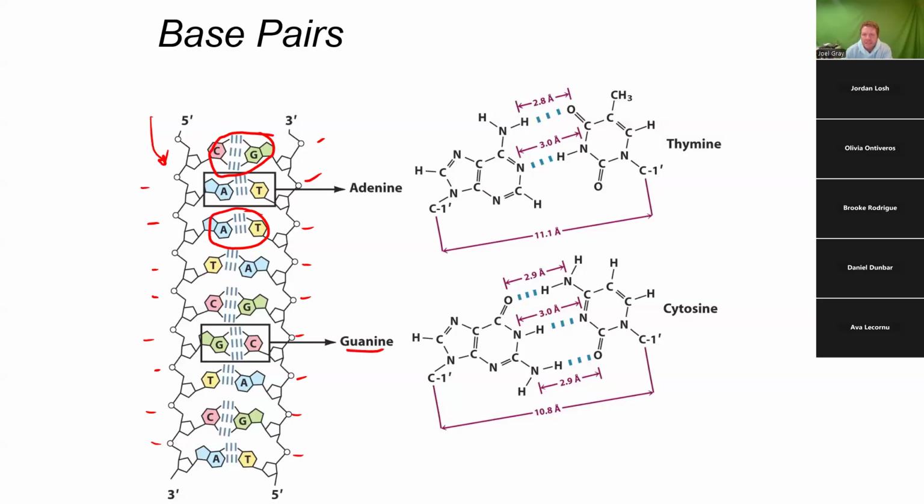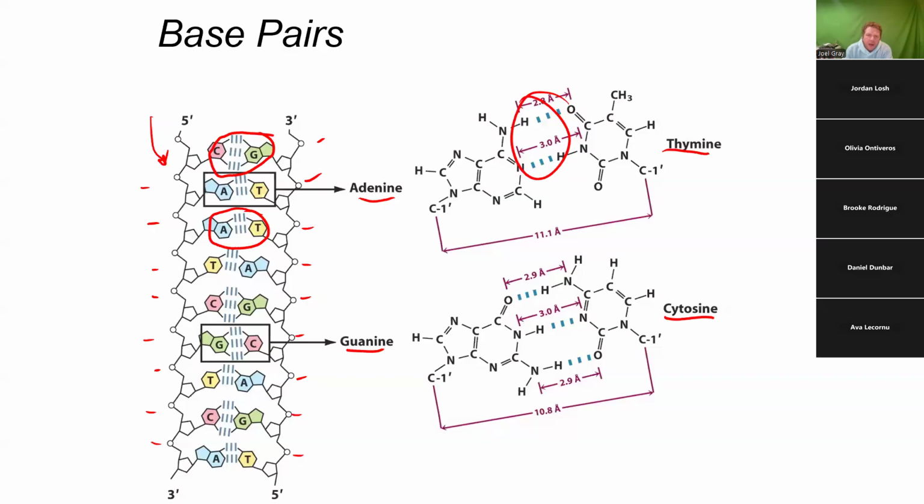Well, G and C interact with one another. Could you tell me in the chat how many bonds exist between G and C? 3. That's important. Compare that to A and T. There's 2 between A and T.